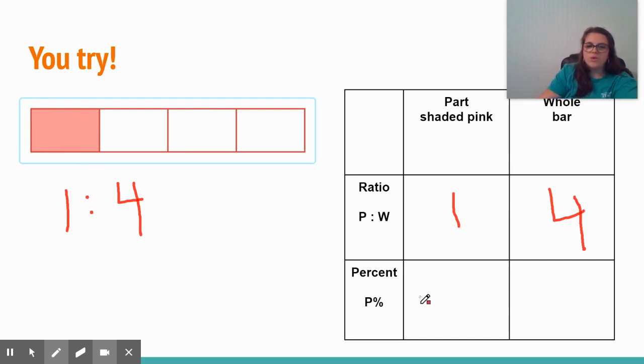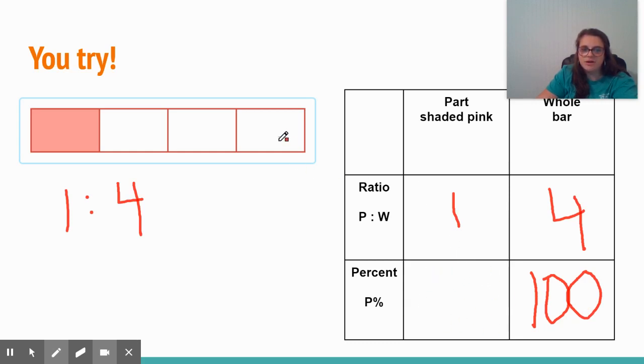When we're working with percents, remember, what is our total always? I'm going to wait until somebody says it in the chat. It is 100. All right. 4 to 100 will help us figure out our empty square.